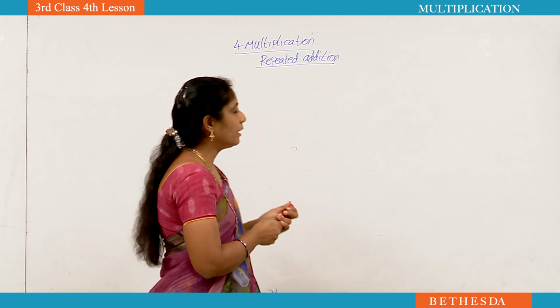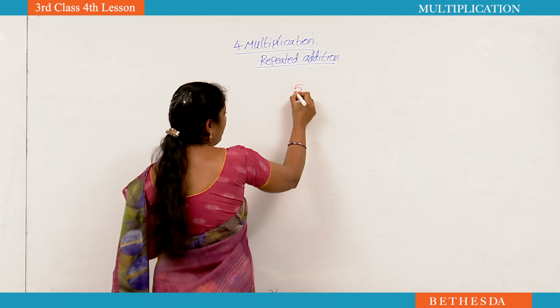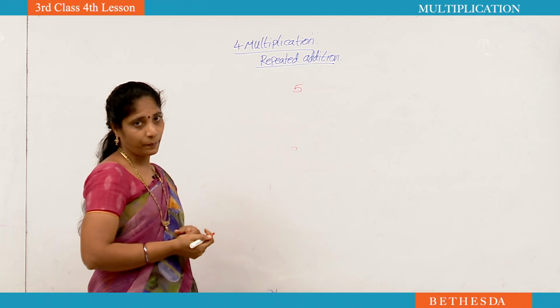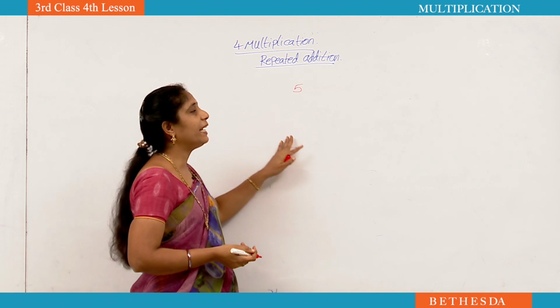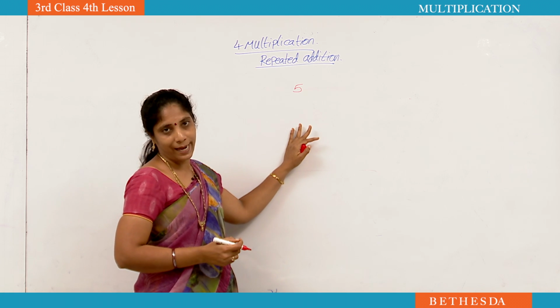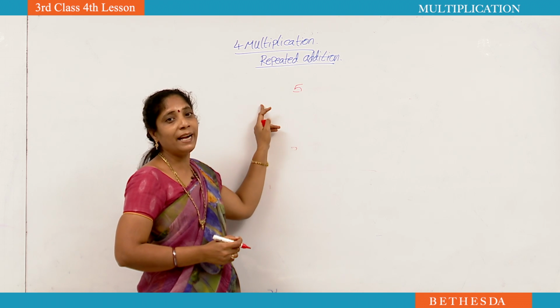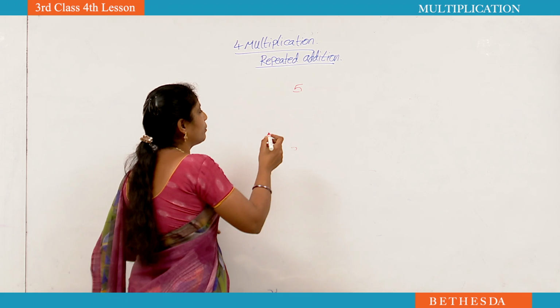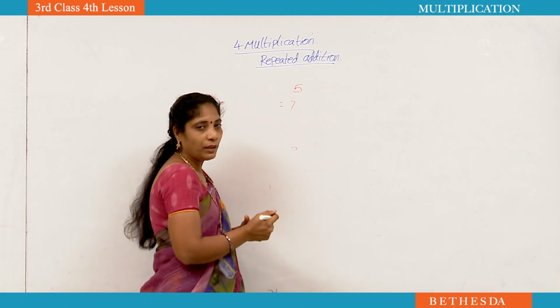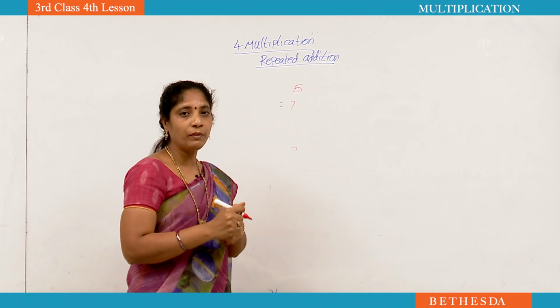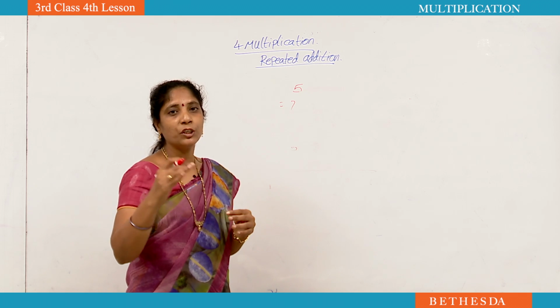Every day she is planting 5. By the end of the week, how many days are we having? 7. By the end of the week, how many plants can she plant?